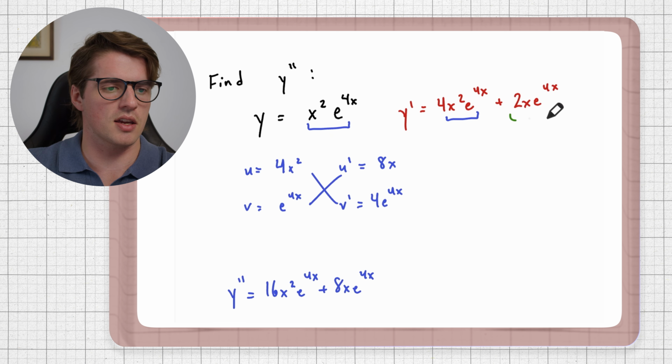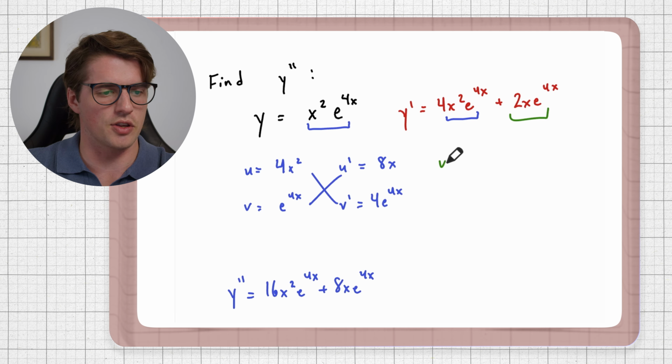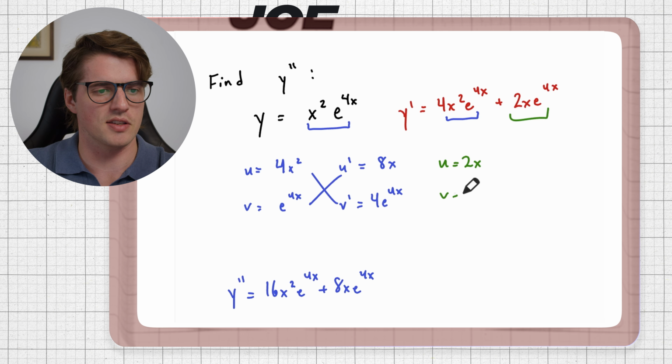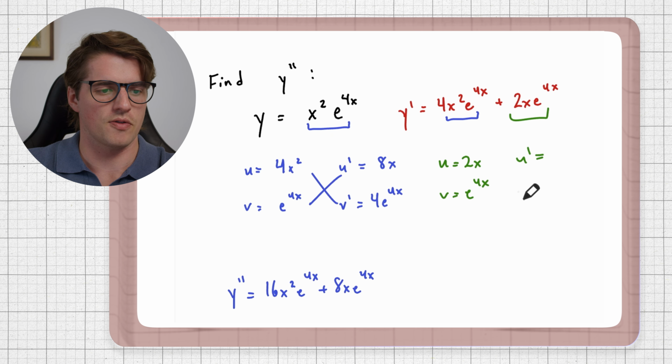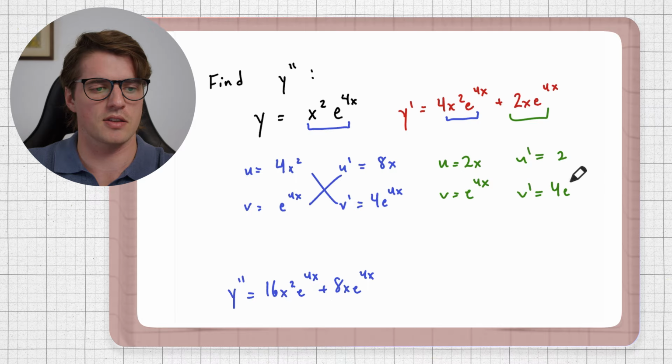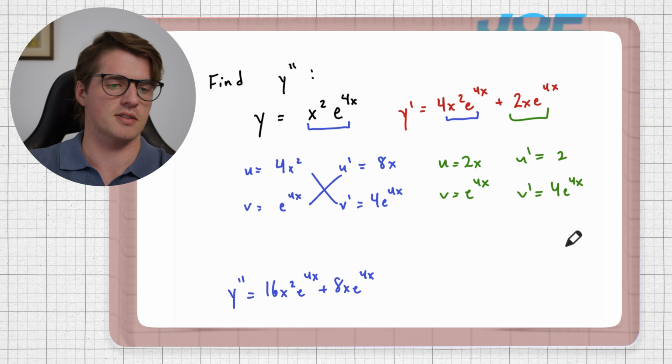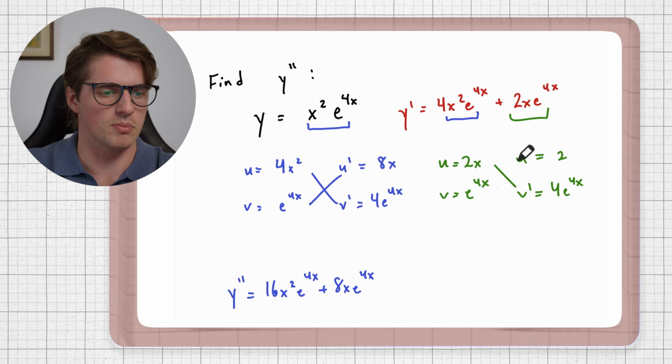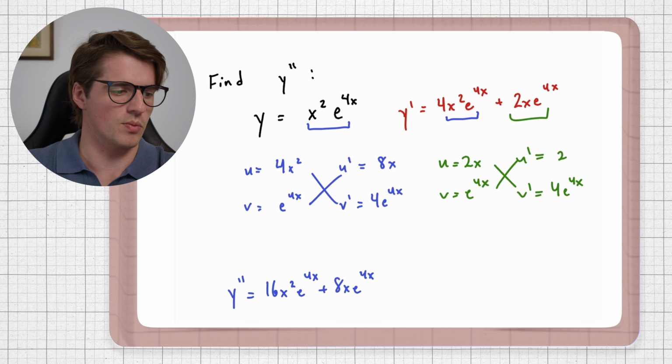Okay, and this derivative, we would say u is equal to 2x, v is equal to e to the 4x, u prime is 2, v prime is 4e to the 4x. And we multiply across, and we add.